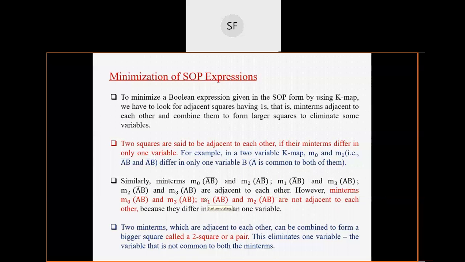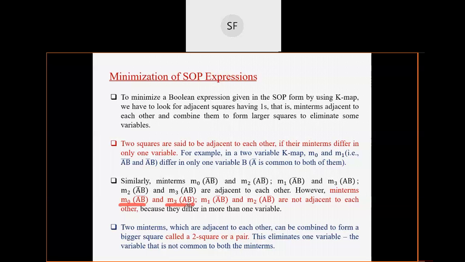However, minterms M0 and M3. Now if you observe minterms M0 and M3, will you call them adjacent to each other? Will you call these minterms adjacent minterms? Can anyone reply? M0 is A bar B bar and M3 is given by AB.